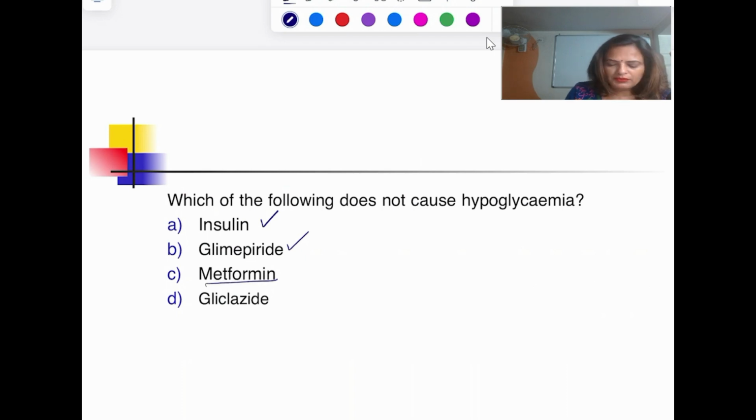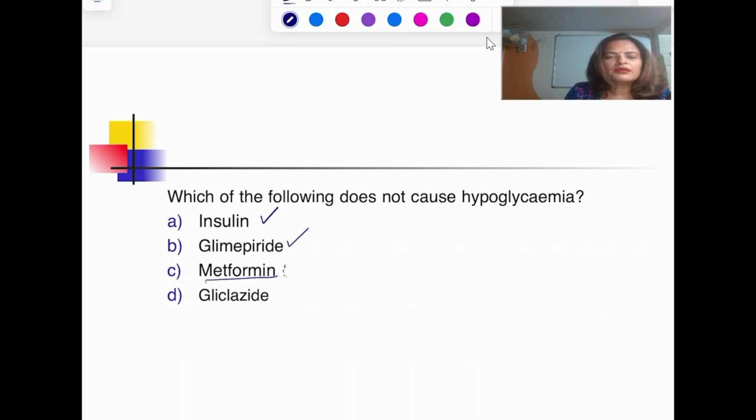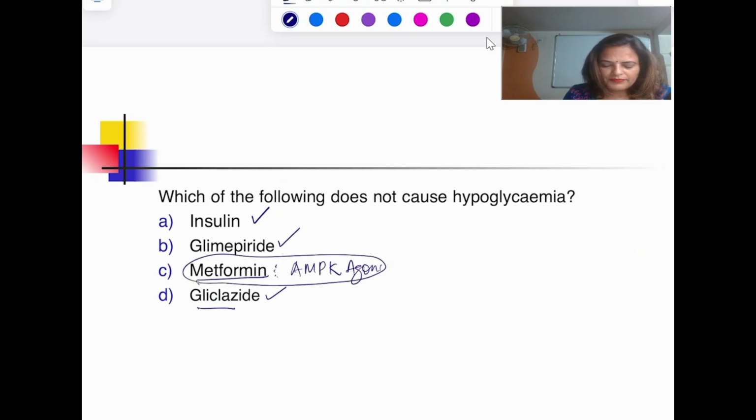Metformin acts by overcoming the insulin resistance. It is an AMPK agonist. Then gliclazide is also an insulin secretagogue. So all of them cause hypoglycemia except metformin.